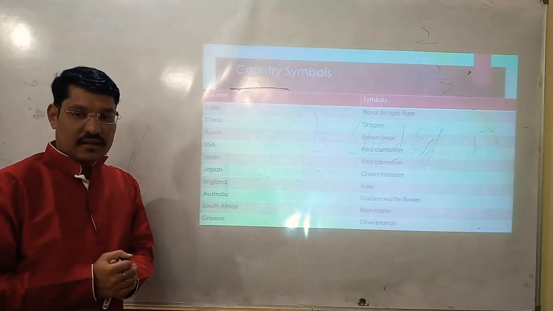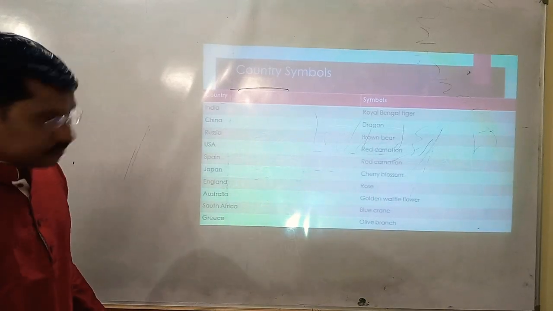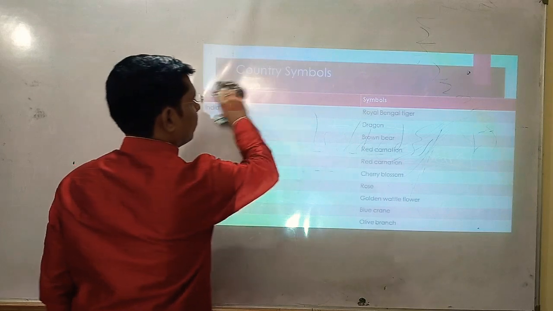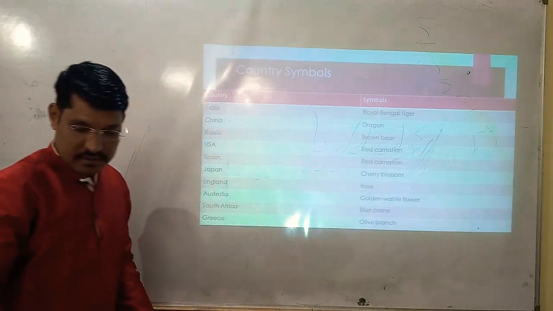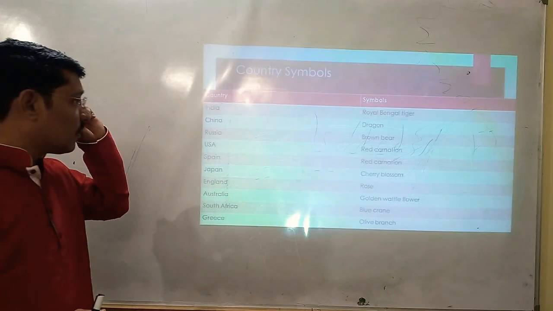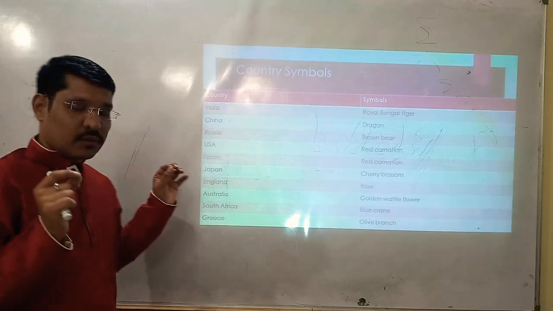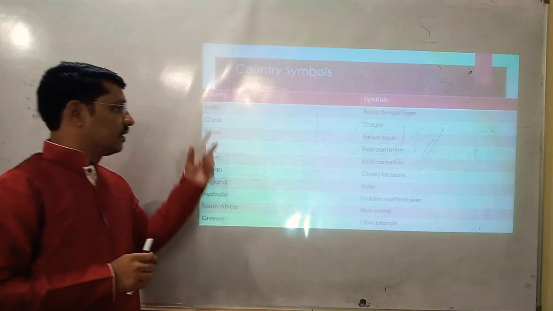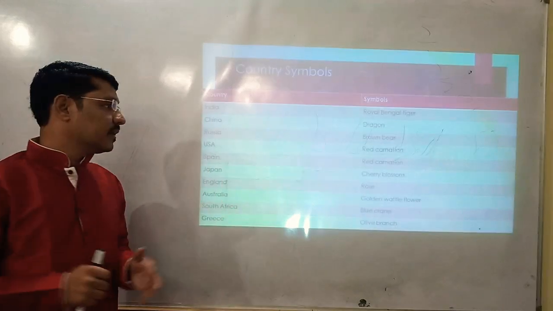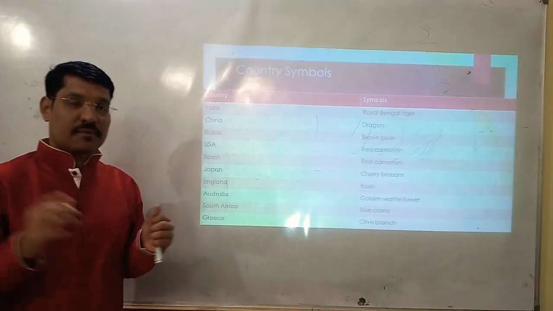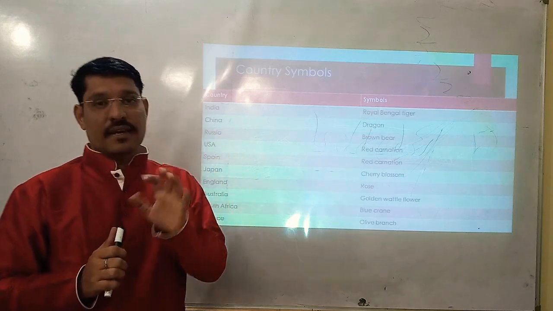Next one is country symbol. Our national symbol as well as other countries' national symbols. I have given only selected countries. You have n number of countries' symbols as well as n number of countries' national emblems.